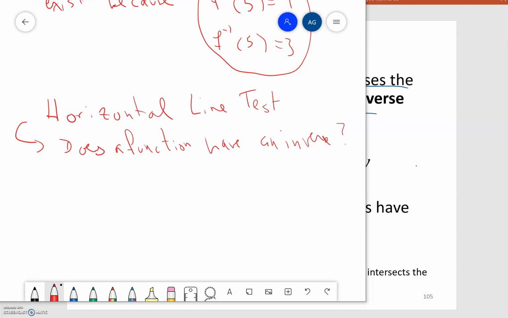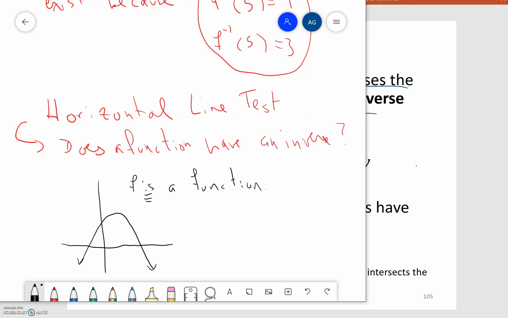The horizontal line test is, does it have an inverse? So for example, this is a function, but it does not have an inverse, because it does not pass the horizontal line test.